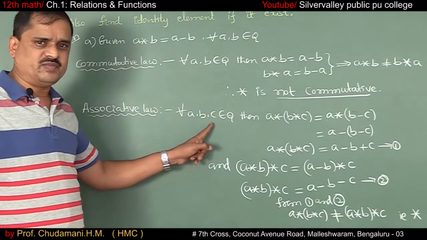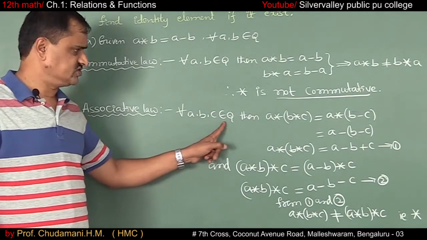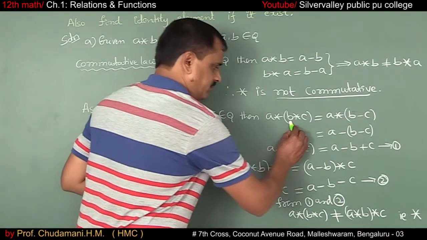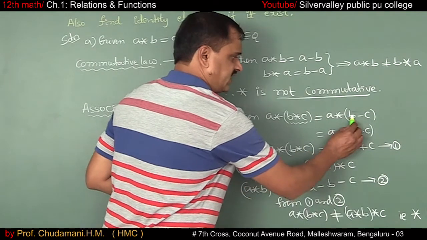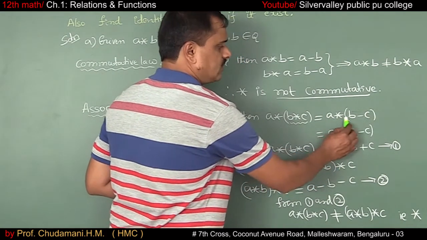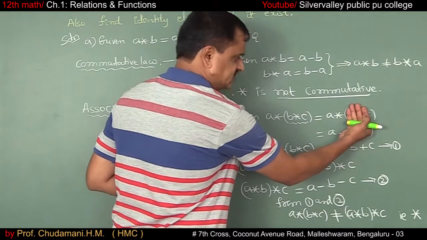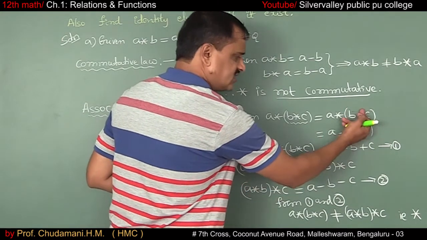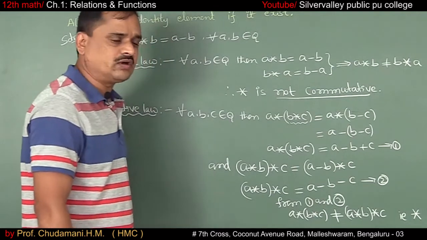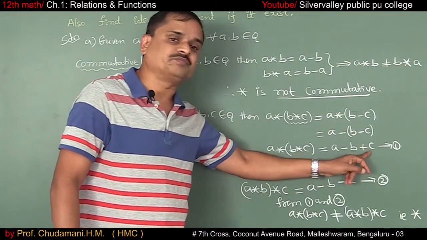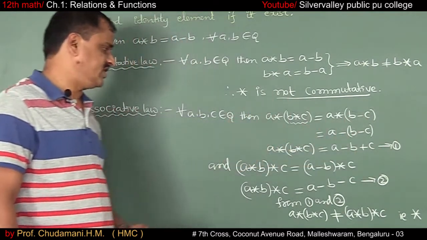Let us verify associative law. For all A, B, C, three elements belonging to the set, A star (B star C). B star C can be written as B minus C. A star (B minus C) is just like A star X, let us say, which is A minus X. Replace X: A minus (B minus C) means A minus B plus C. Call this equation 1.